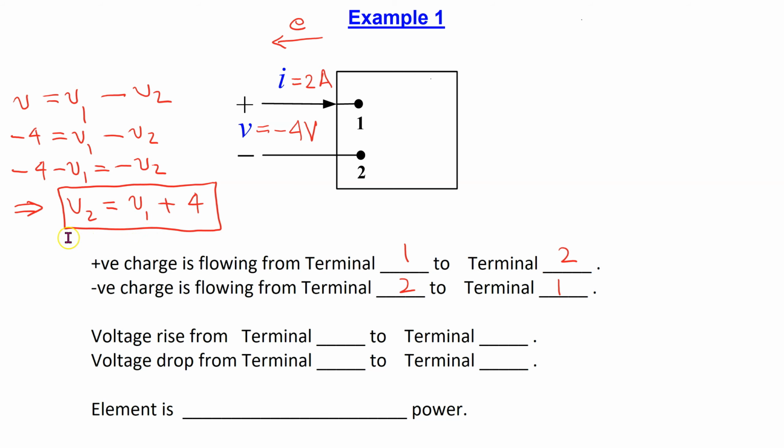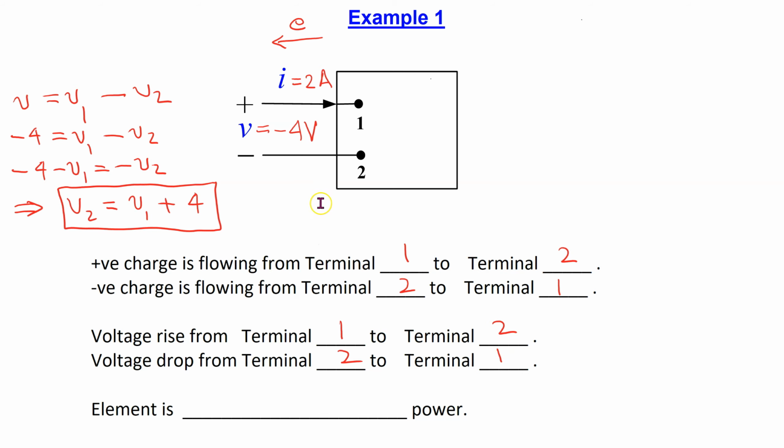Thus, voltage at terminal 2 is higher than voltage at terminal 1. Therefore, when we go from terminal 1 to terminal 2, there is a voltage rise. And when we go from terminal 2 to terminal 1, there is a voltage drop.